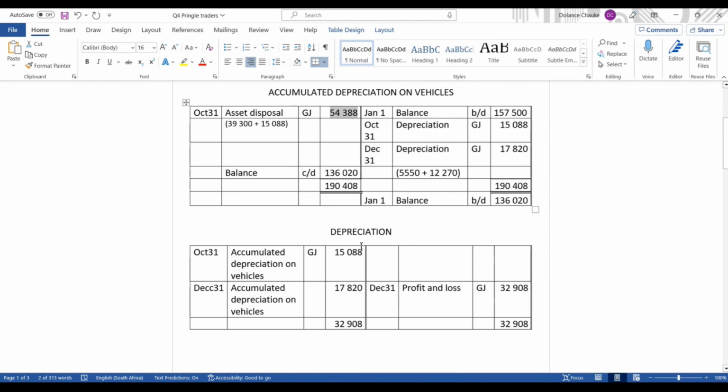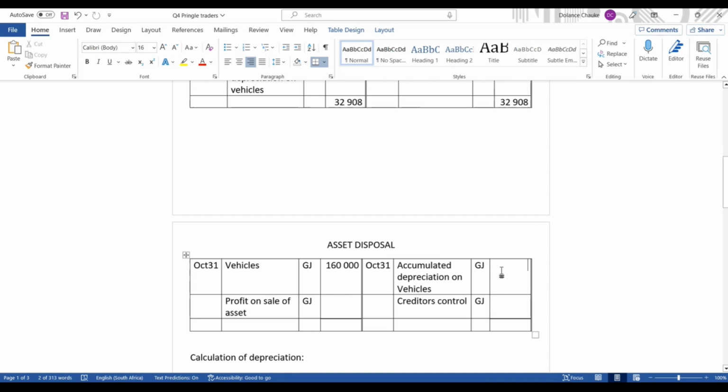You have to copy this one and paste it here. You see? That's what you must do. Once you are done with preparing the accumulated depreciation account and you are sure it's correct, nothing is difficult. Am I clear? Are we fine?